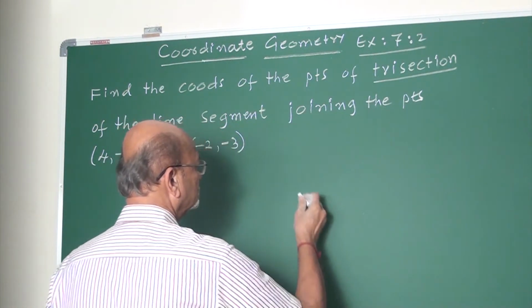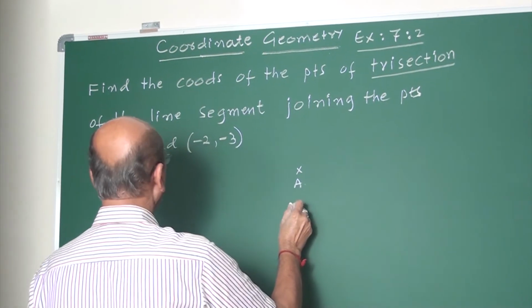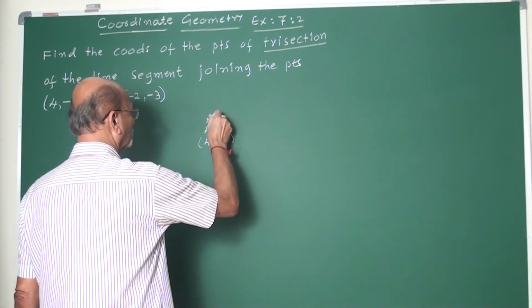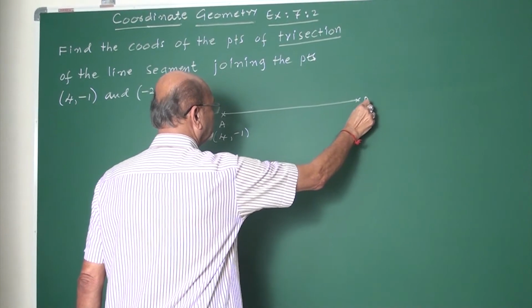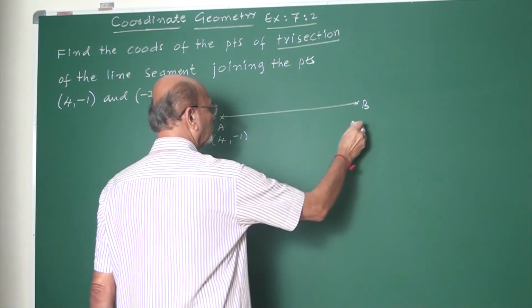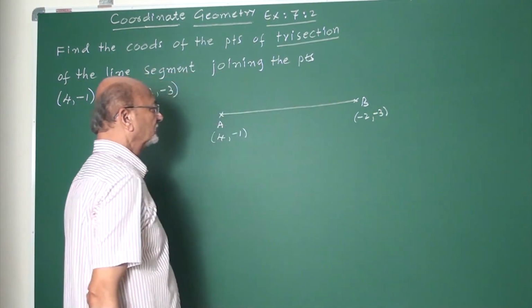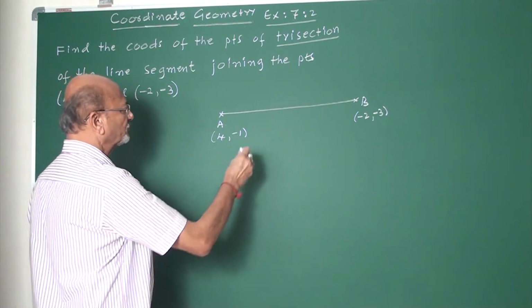Yes, friends. This is the line AB. Coordinates of A are (4, -1). It is the point B. Second point coordinates are (-2, -3). Trisection means you have to divide it into 3 equal parts.